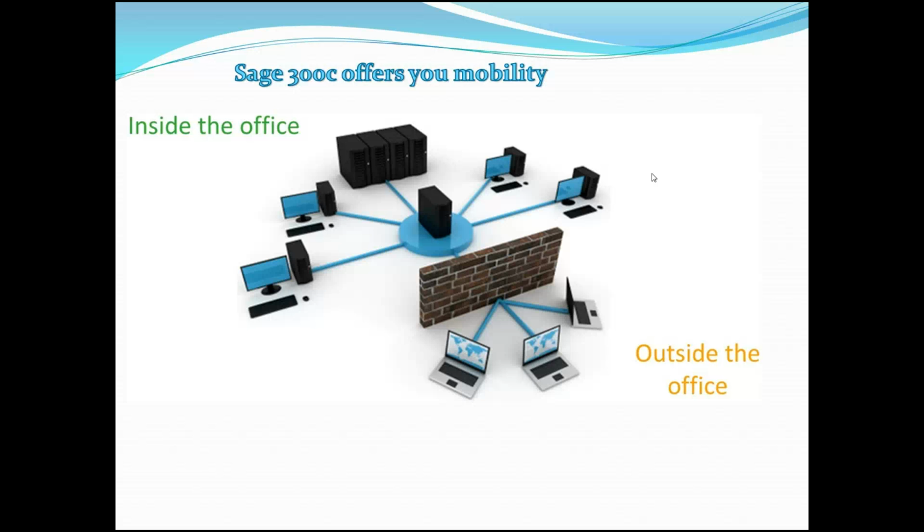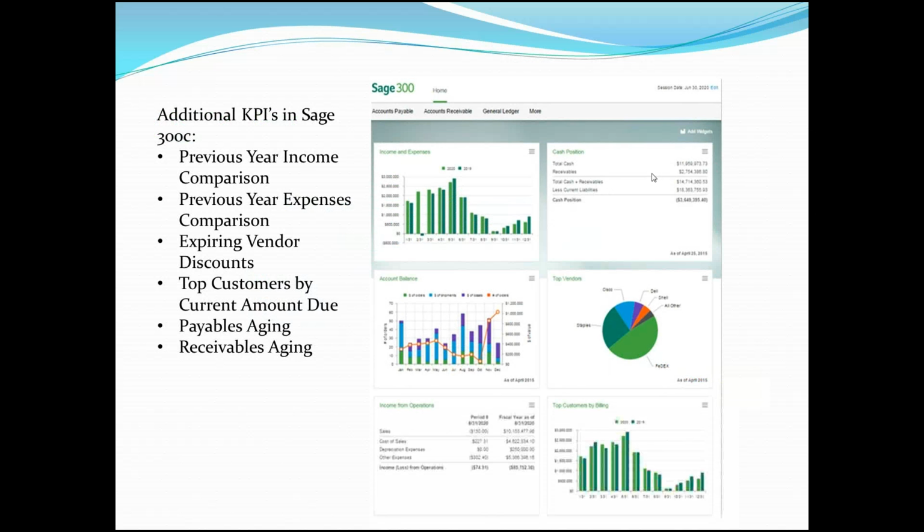So they developed Sage 300C mostly to be mobile and to allow it to run as a true web-based or browser-based application. In Sage 300, they also added for the C version additional KPIs, which stands for Key Performance Indicators.